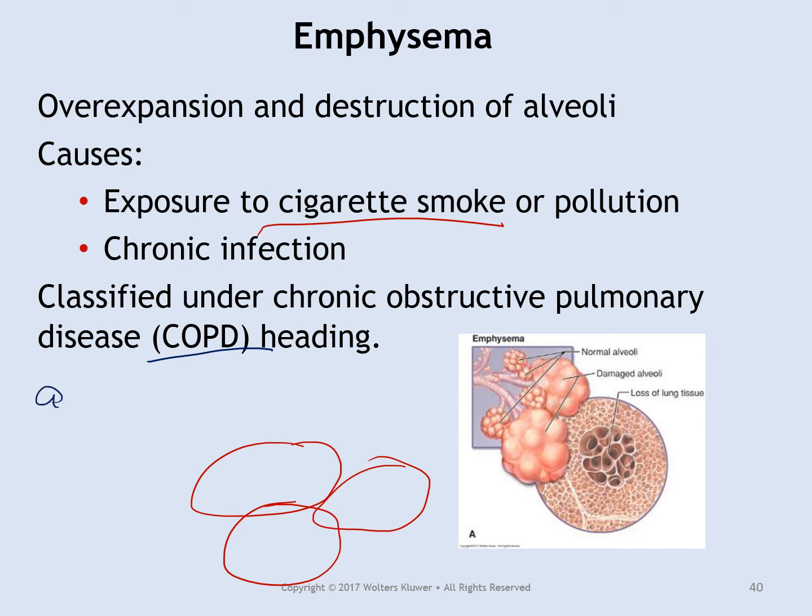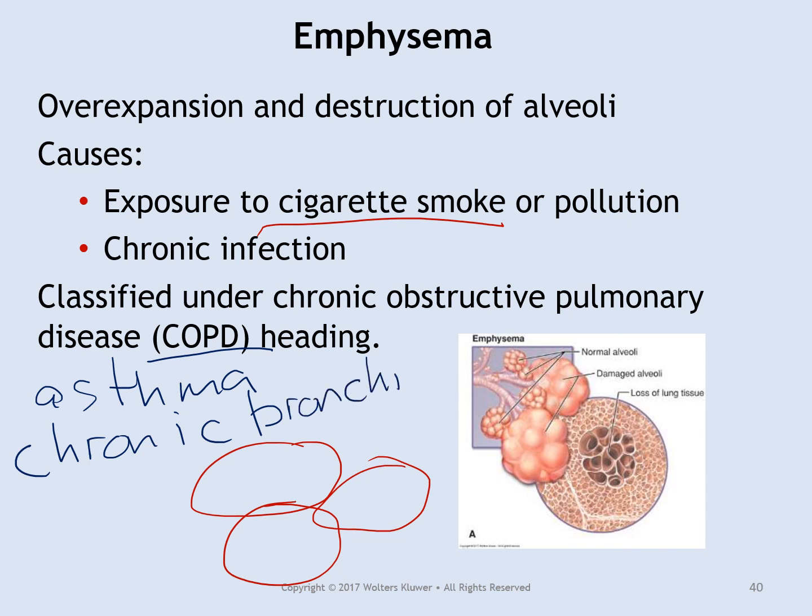The other one is asthma. The other one is chronic bronchitis. All 3 of those fall under the category of COPD, and I would know that for the quiz on Wednesday.